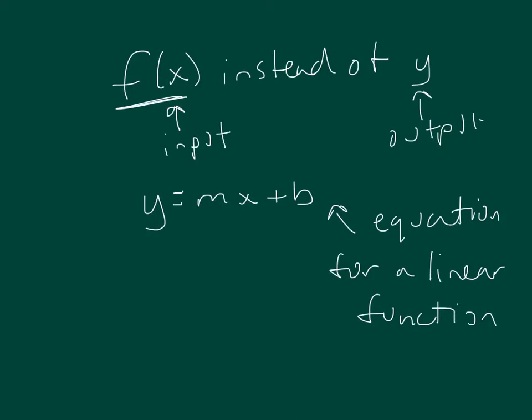In some classes and textbooks, instead of y, you might see it written as a function where the input x gives f(x) = mx + b. So f of x is the same thing as y. For my class, I don't care too much if you use f of x or y. I prefer the y, but some teachers want you to write it with f of x instead of the y.